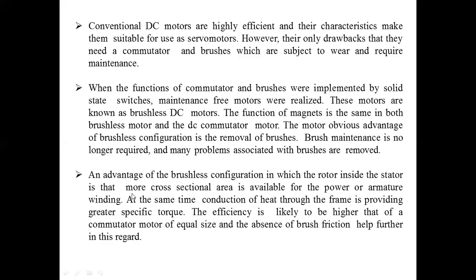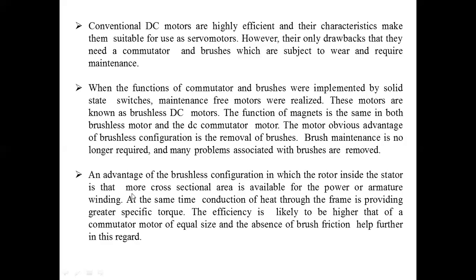Electrical transportation is also eco-friendly, with no carbon emissions. Therefore, permanent magnet brushless DC motors have high applications in electrical transportation.